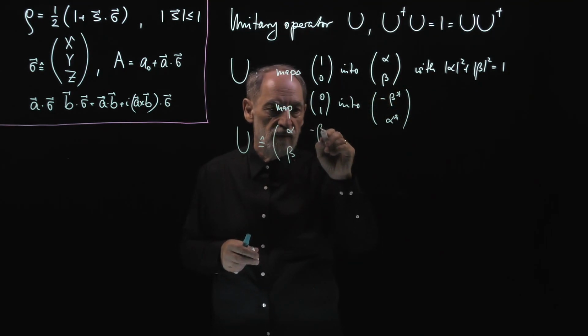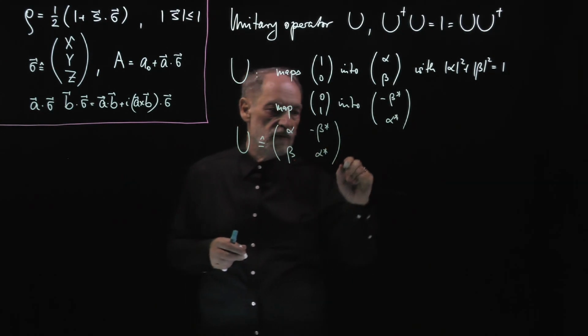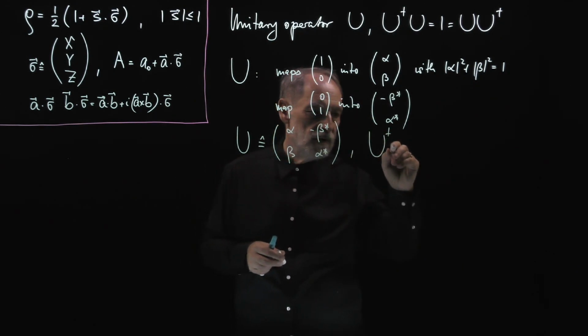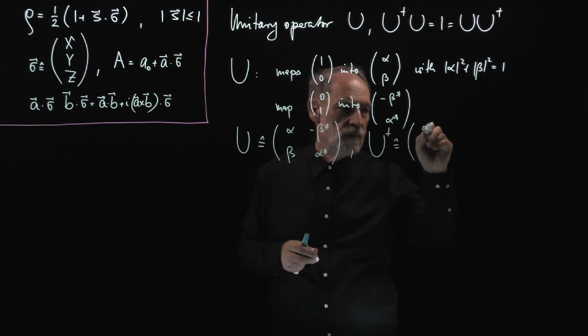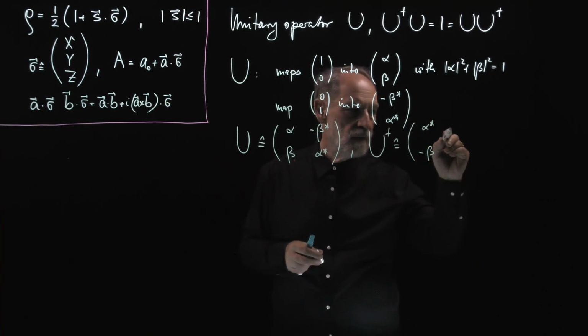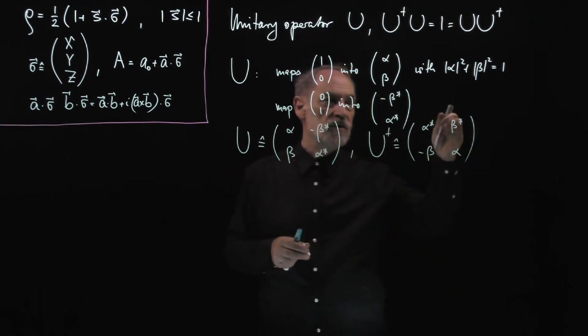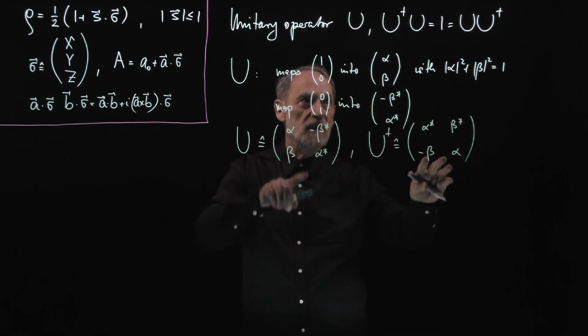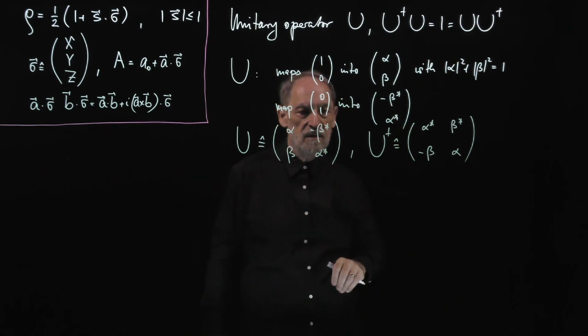So that's minus beta complex conjugate, and there's alpha complex conjugate. And yes, if we now represent the U adjoint by the adjoint matrix, then that would be alpha complex conjugate, minus beta, beta complex conjugate, and alpha. And we can check that the product of these matrices, in this order or in this order, gives us the unit matrix.